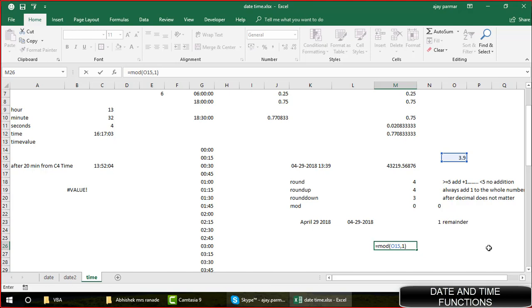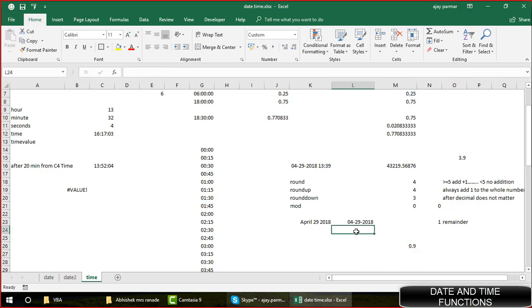What will you get in the remainder? You will get 0.9, right? So this is another method to extract the decimals. In the same way, I say mod, use this, divide it by 1, because 1 is divisible by all.